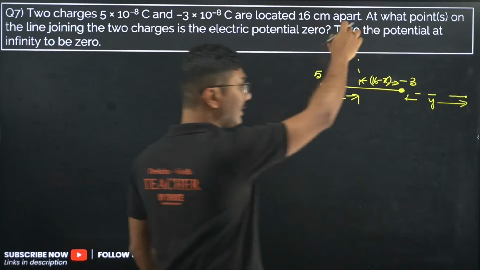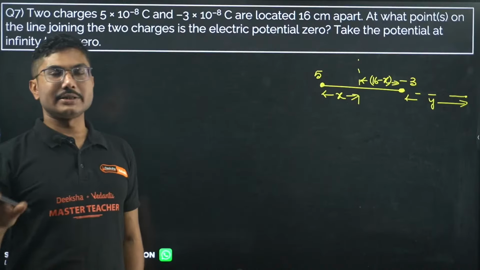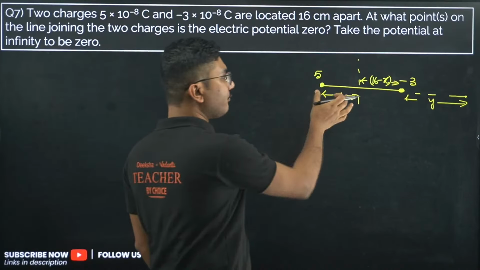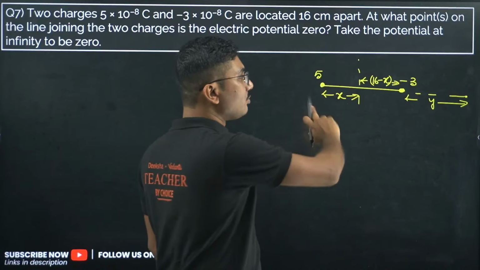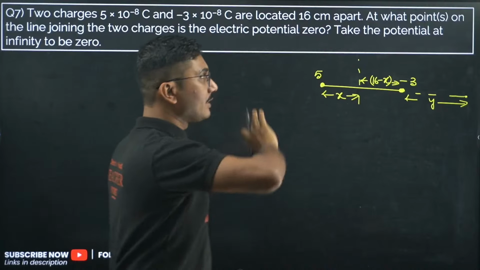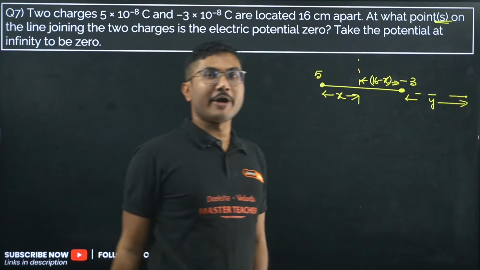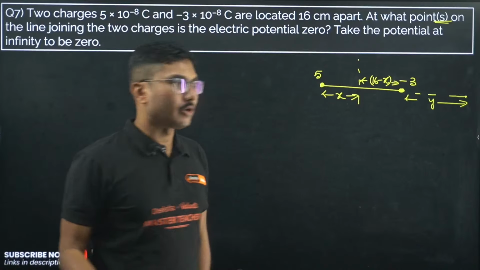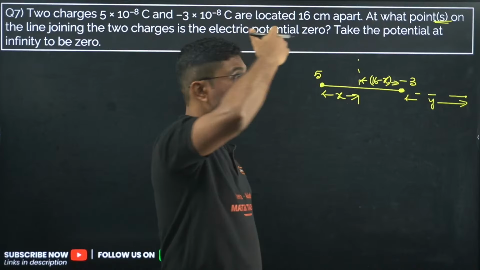If the question asks at what point between the charges electric potential is 0, then you just need to find this point. If they say at what points, that means you have to calculate both points. Point bracket s means it is plural. Both charges positive means 0 potential is not possible.